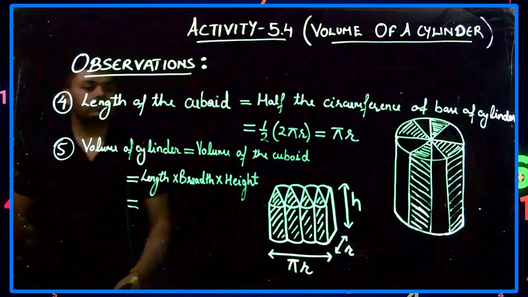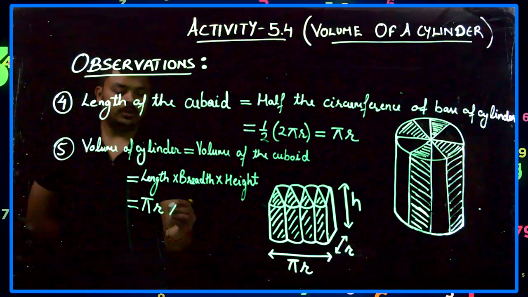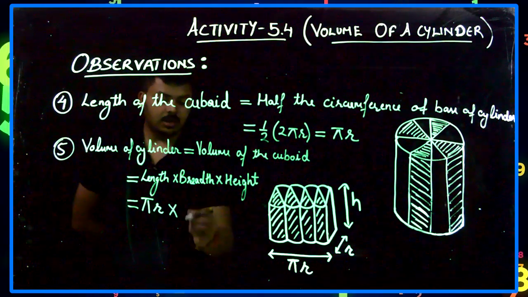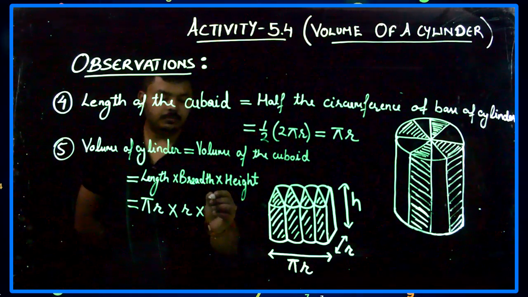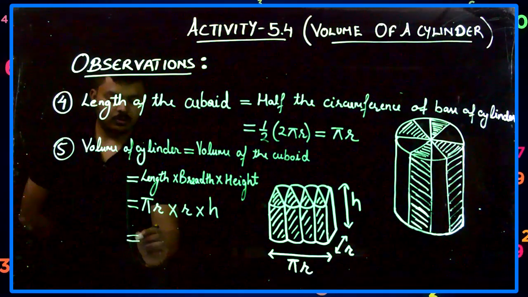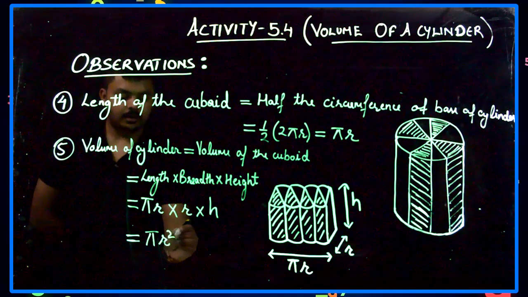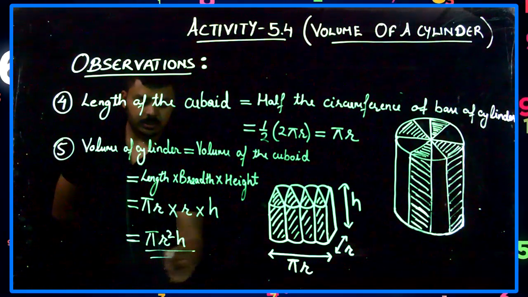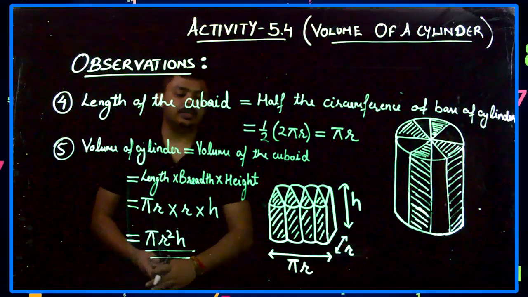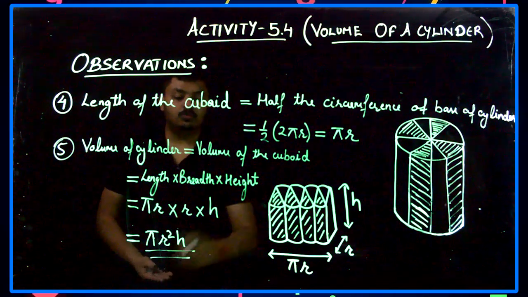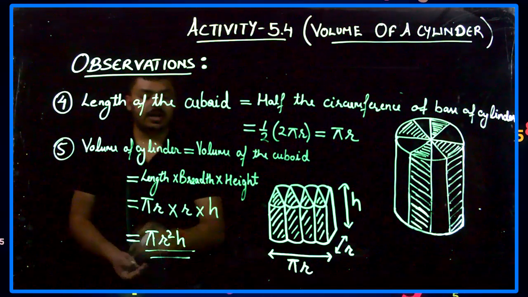So the length is pi r into breadth is r and height is h. So our volume becomes pi r square h. So this is the volume of the cylinder. So the volume of cylinder is equal to volume of cuboid, and volume of cuboid is pi r square h. So we can say the volume of the cylinder is pi r square h.